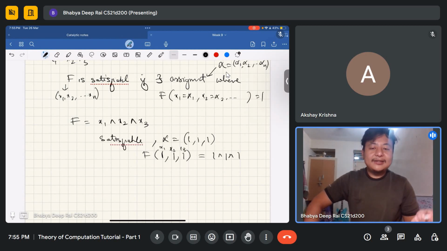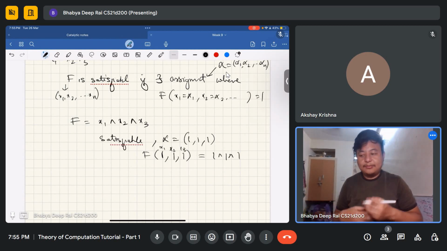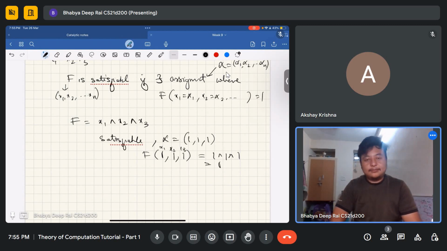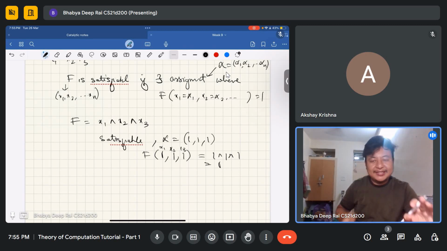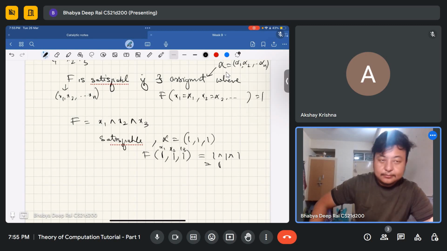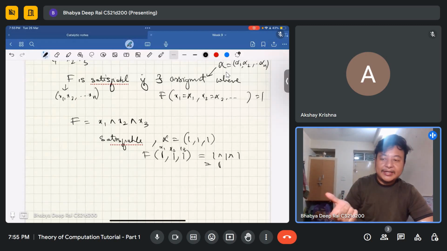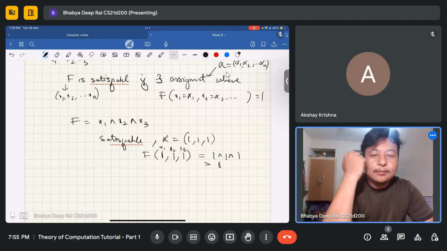Since AND means both the inputs should be 1, this is equal to 1. Clear, right? Satisfiability is clear. Is it clear what satisfiability means? If there is even one input on which evaluating the formula I get a 1.